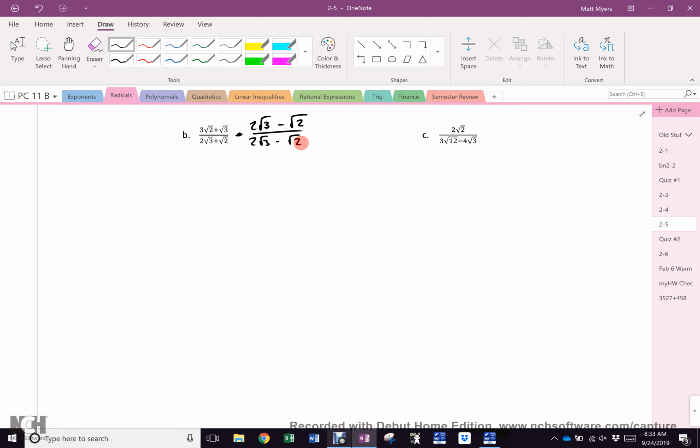So this first one here, and I'll do that one in black, I am going to actually write 3 times 2 root 2 times 3. Do you have to? No. If you're comfortable, go ahead. But when it gets really complex, don't come to me, oh, Mr. Myers, I'm 20 steps in and I don't know what's going on. All right? Then the next one is going to be what?